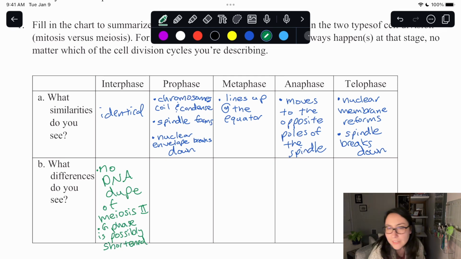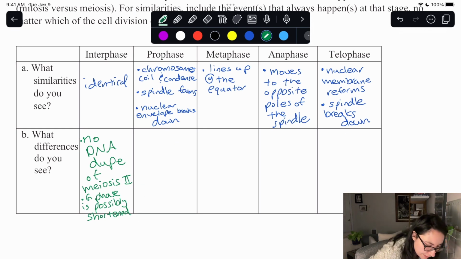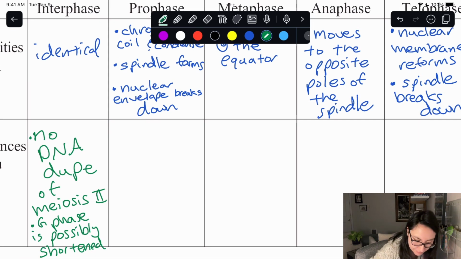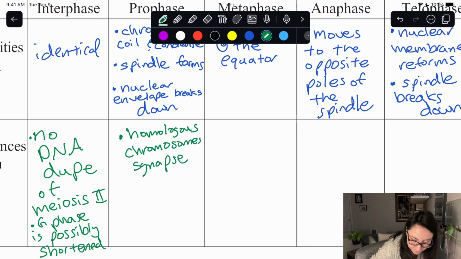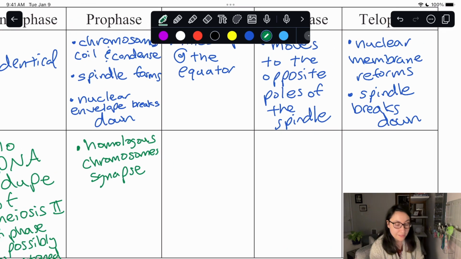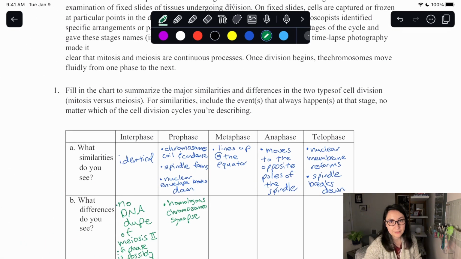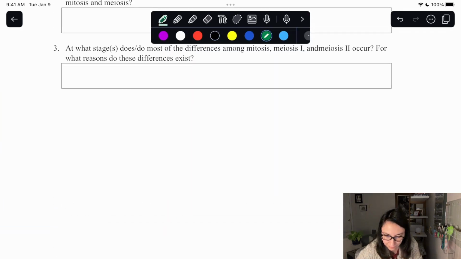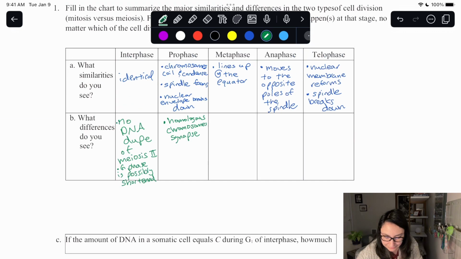So, prophase, I'm going to write down something and then explain it. In prophase 1, homologous chromosomes synapse. Now what does that mean? I'm going to go back a little bit, because we're right at the end. Okay, I'll try and make this quick.